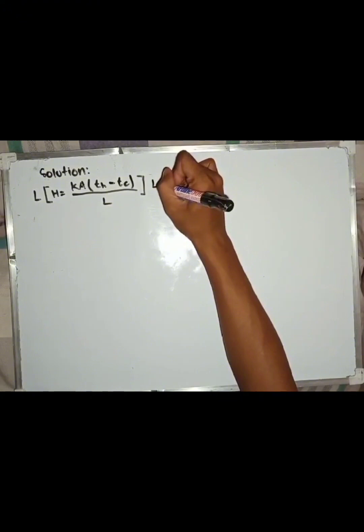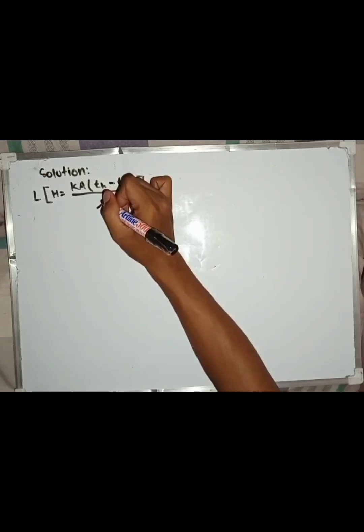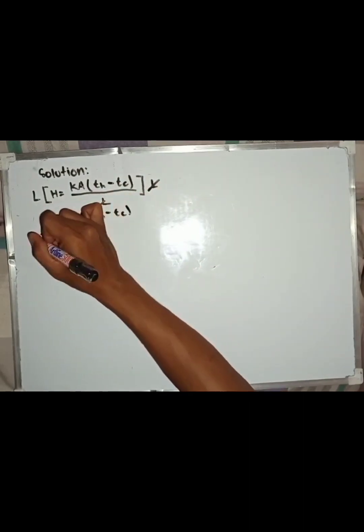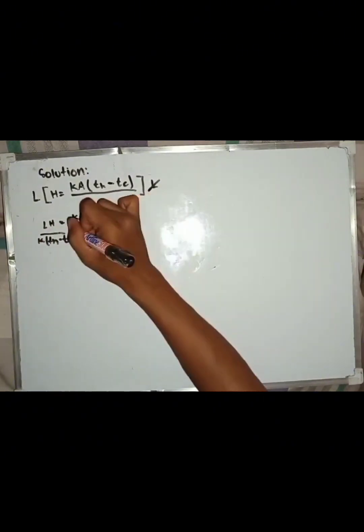Here I list down the heat current formula. Then from here we can extract the variable A, the area. We can do some algebra to extract the A. Here I perform the extraction, and we come up with this formula.